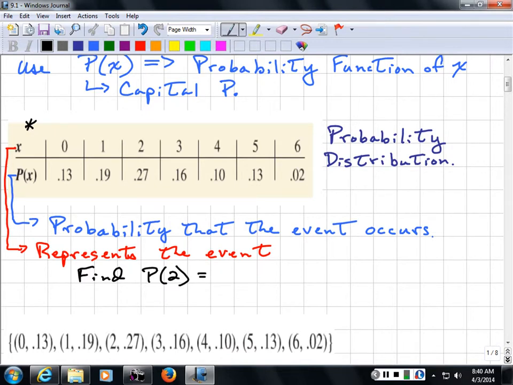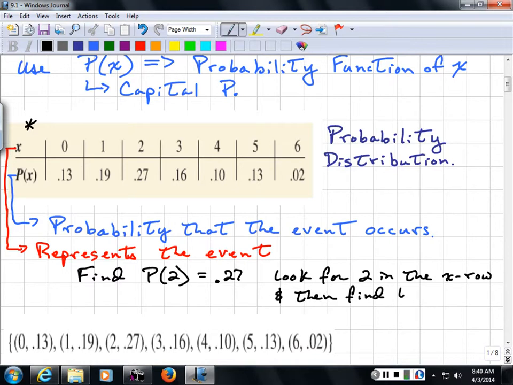So the probability of 2 in this case is going to be 0.27. We're going to look for 2 in the x row, and then find the corresponding P of x.